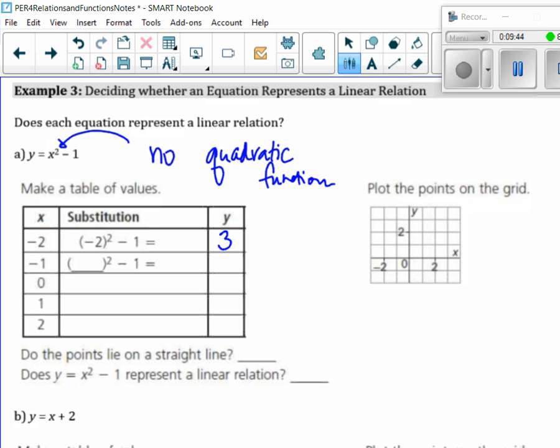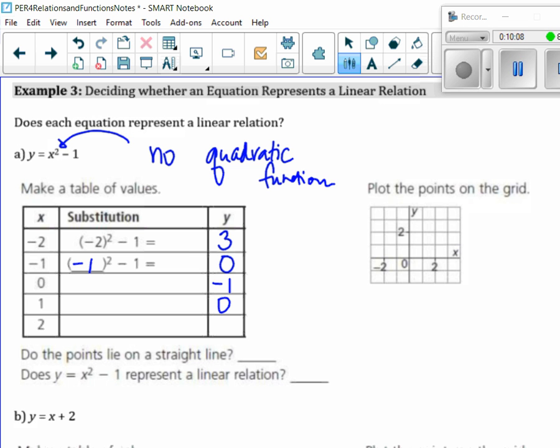I get 4 and then subtract 1. Same with this one. This is -1 times -1 and then subtract 1. What do I get? 0. So at first glance you think, oh, it's going down by 3s. 0 goes in. What do I get? Negative 1. Do you see it's not going down by a common amount now? 1 goes in, what do I get?